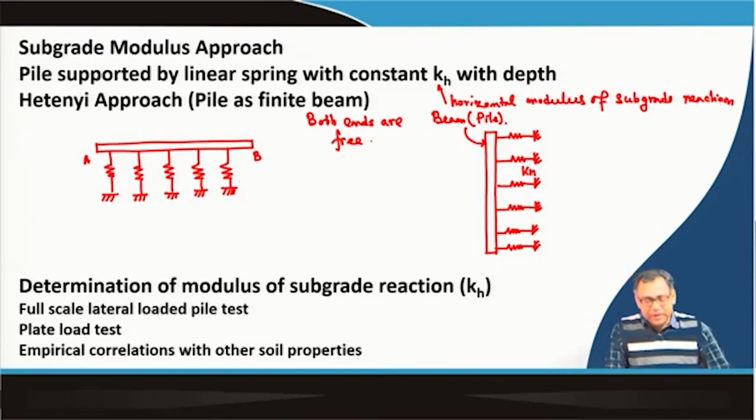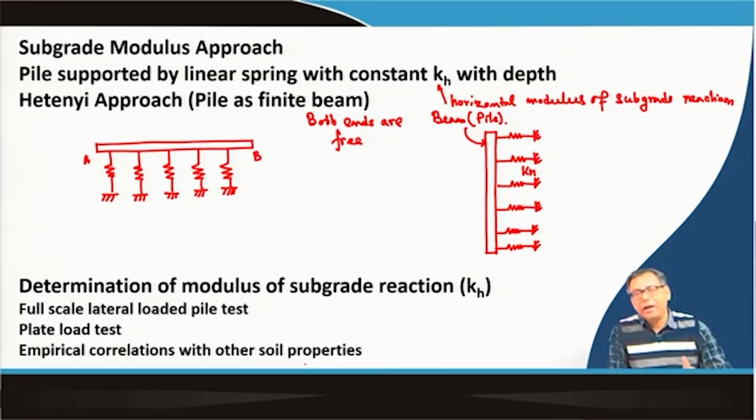When we apply any load on this beam, which is a finite beam, we first treat it as an infinite beam, and then we determine the bending moment and the shear force at ends A and B due to the external load. Then, to nullify that bending moment and shear force, or to make the net bending moment and shear force at points A and B zero, we have to apply end conditioning forces.